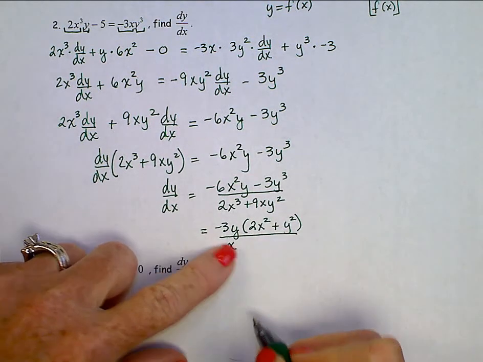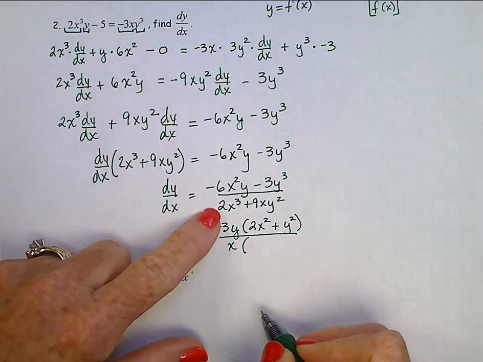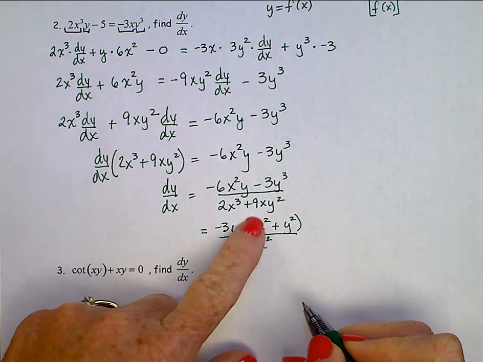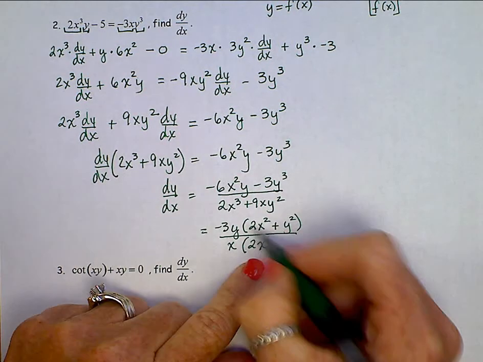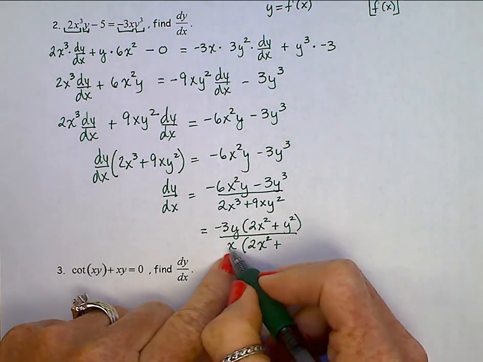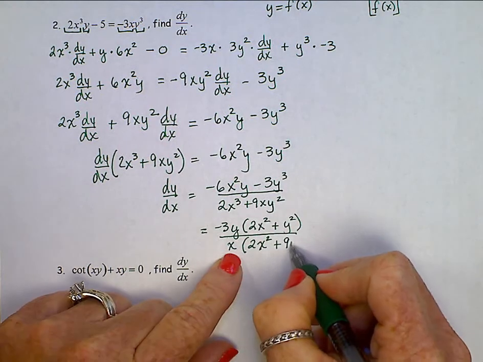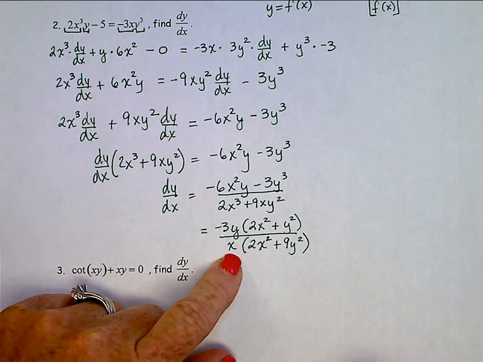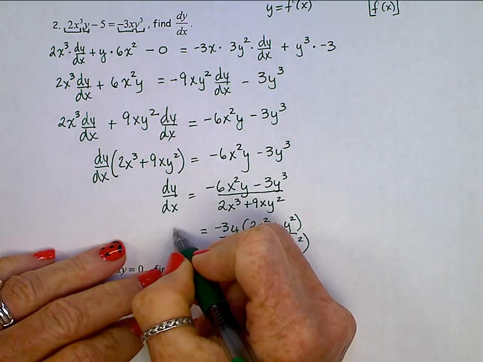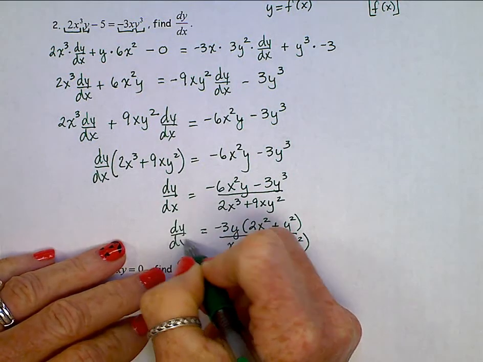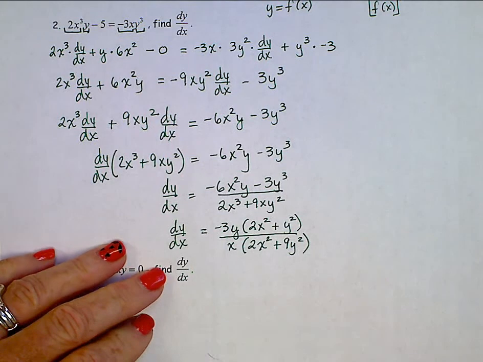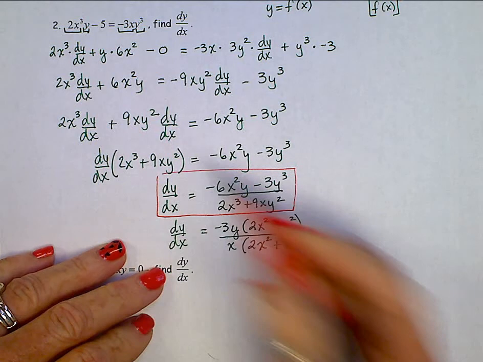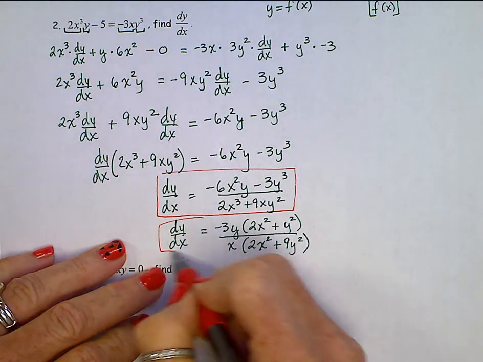When we factor out that x from this first piece, 2x squared, things are looking really good to maybe cancel here, plus x times, bummer, 9y squared. Nothing cancels. Darn it. That's okay though. Alright, either one of these is acceptable. This format or the factored format.